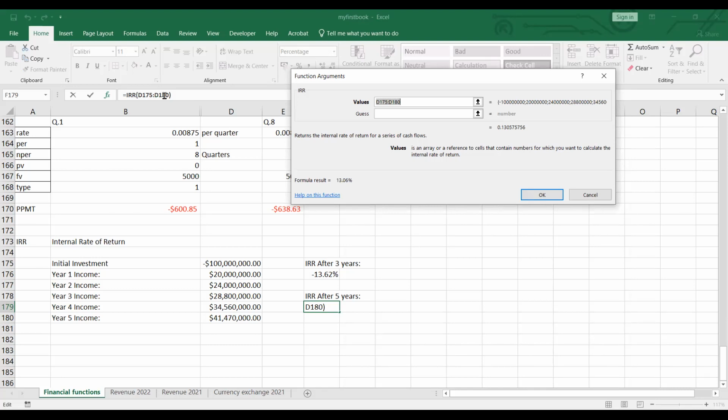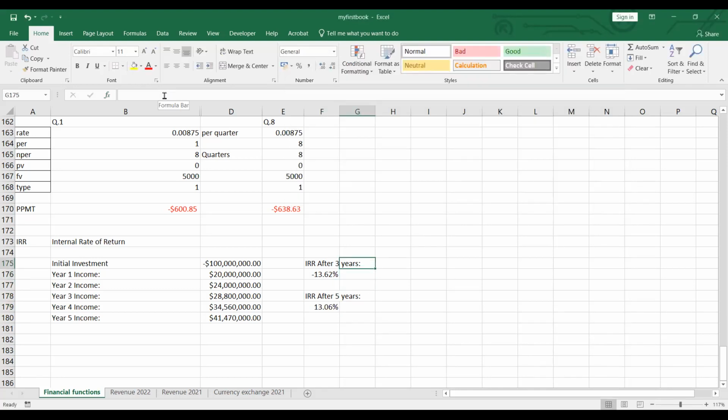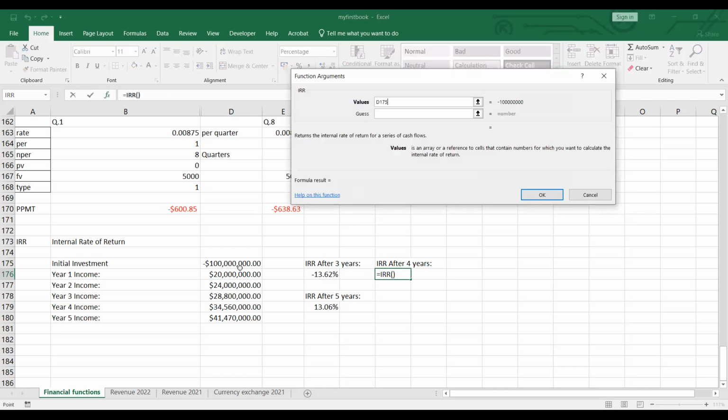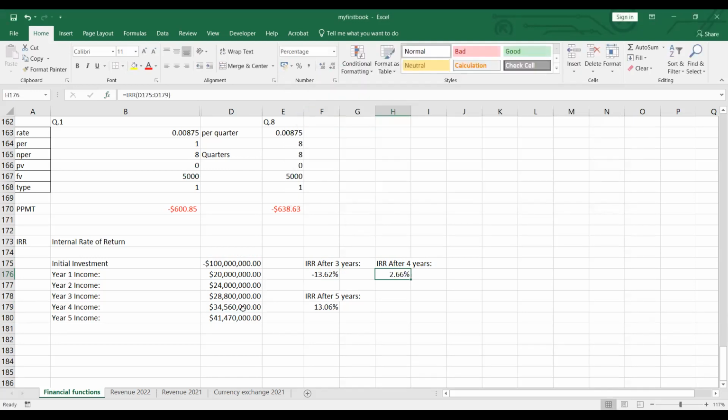number. Now let's see if I have the 4th year. After 4 years, what will happen? Should it be the time for the investors or not? After 4 years it's just 2.66%.